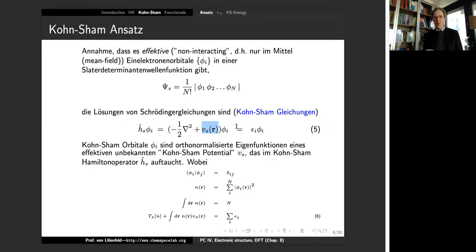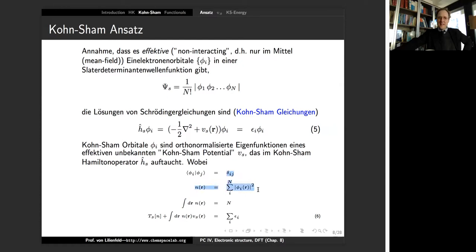Now, these Kohn-Sham orbitals are orthonormal eigenfunctions of this operator, and they have to meet all the conditions of the 4 equations leading up to equation 6. Now, the first one is easy for you. In our theorems, we discussed this. So orthonormal eigenfunctions, this is a nice thing.